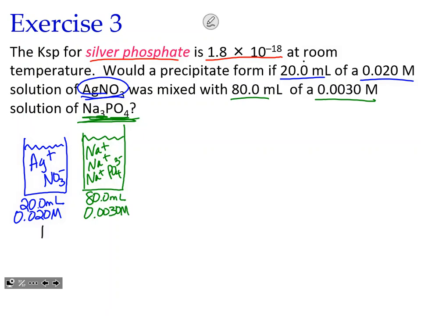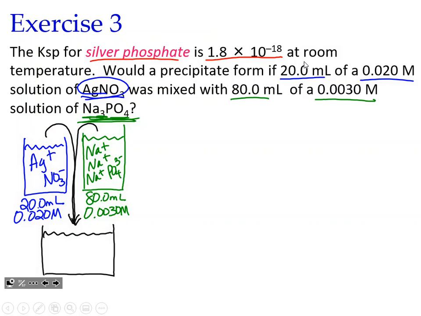Ultimately, what's going to happen is these two are going to be dumped into a new beaker together, like so, and we're going to combine all those ions in there. Now remember too about the sodium phosphate.